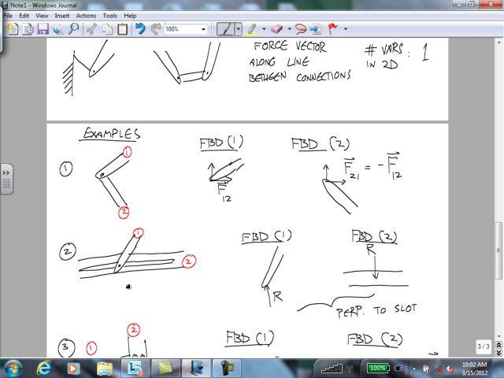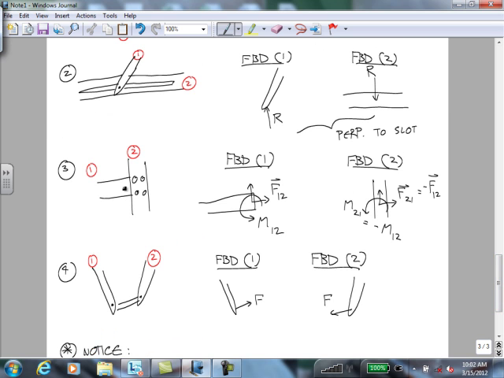And say that you have a 200 Newton force applied at the top and a 50 Newton force applied at the side. And the length of each member is 1 meter.